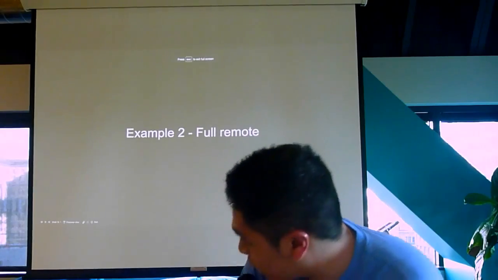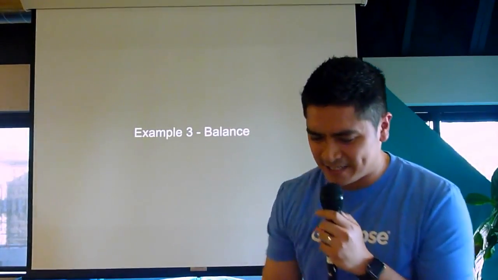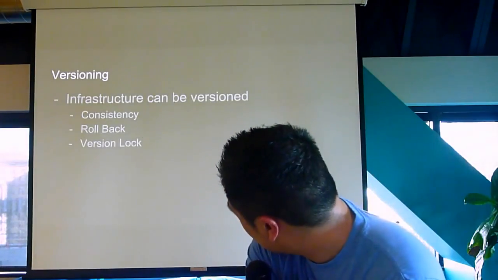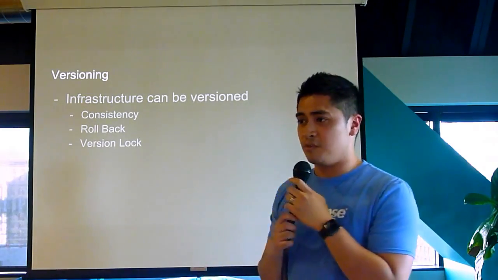All right. So that was a full image, full remote. Balance, I think you guys get the idea. Like I said, it's going to be a number between 250 and 150. And those are your simplest forms of immutability.